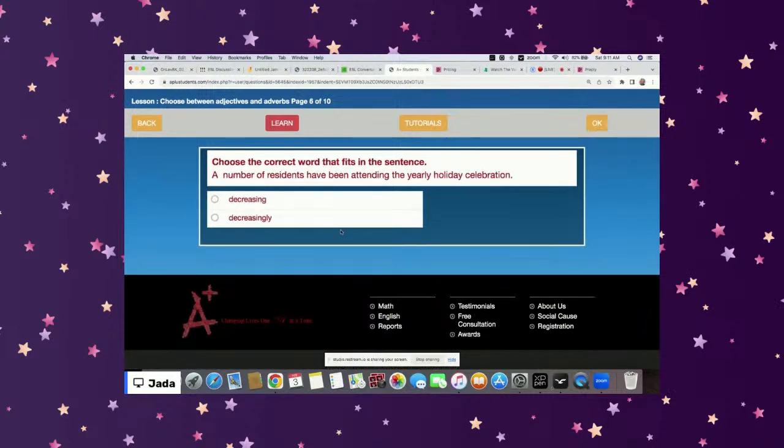So a dash number of residents have been attending the yearly holiday celebration. So something is supposed to be here. Increasing, decreasing or decreasingly. Which one?